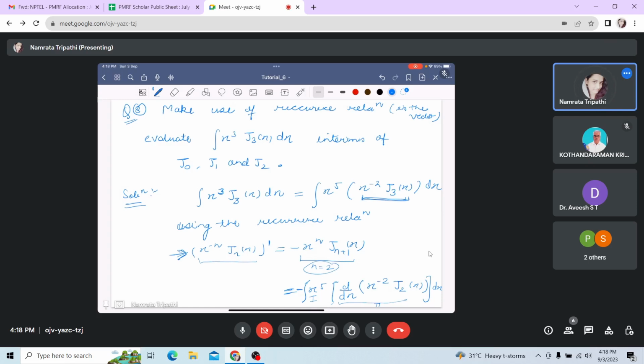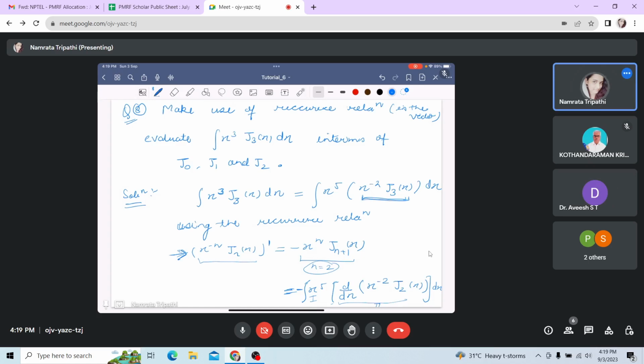We can write the integration of x cube into x to the power of minus 1 j2 of x dx.